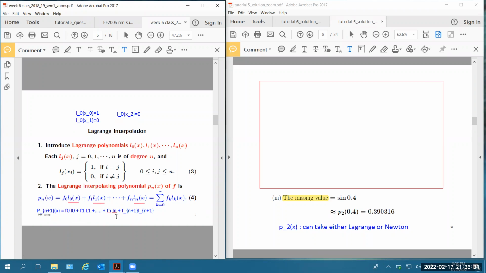Then if you compare with this, you say, hey, it's also the same. Then this is also Pn of x, just Pn of x and then plus this last term, isn't it?